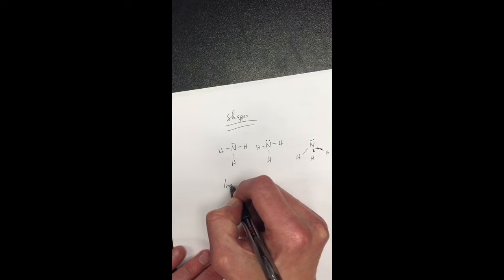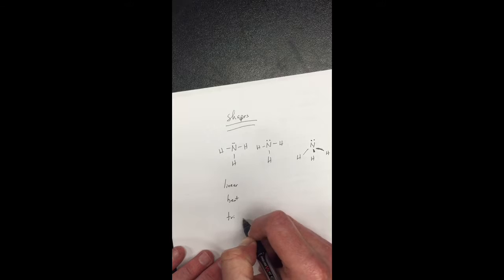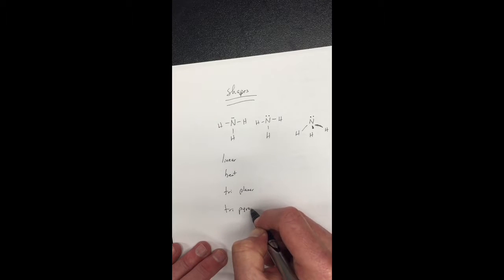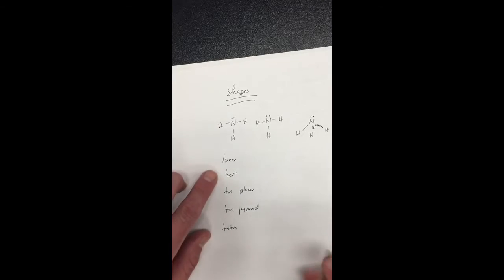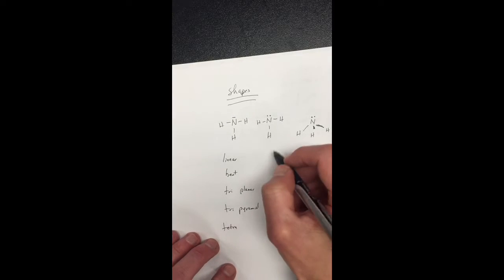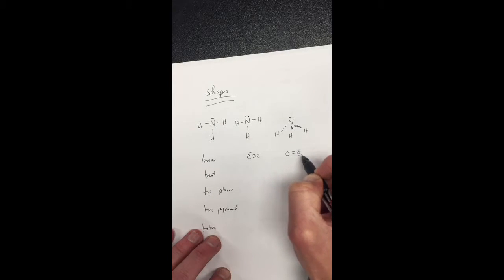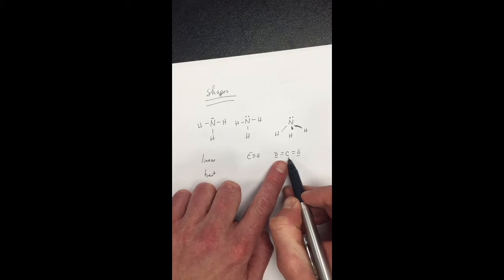These are the shapes: linear, bent, triplanar, tripyramid, and tetra. Linear, you will have either 2 atoms or you will have 2 outside atoms, and you won't have any electrons in the middle.